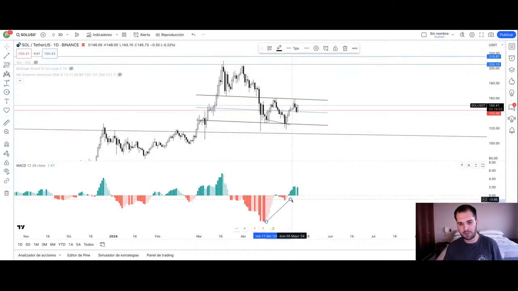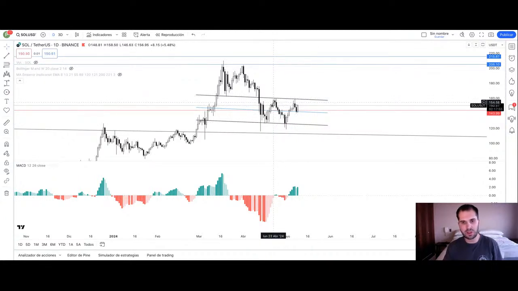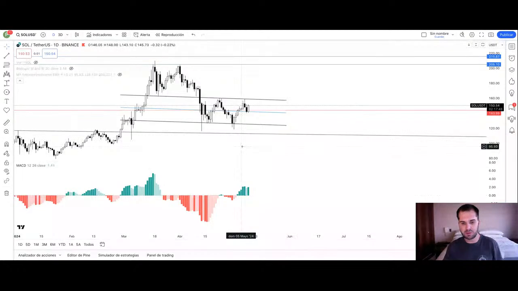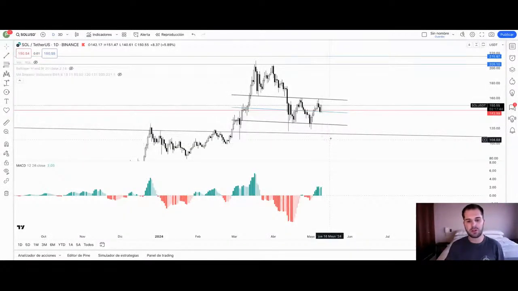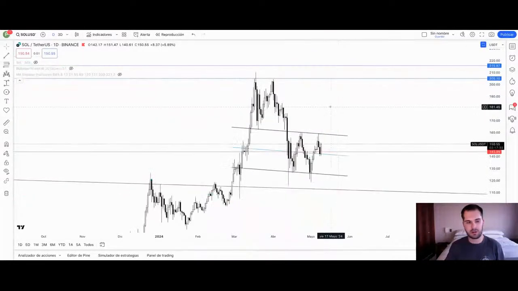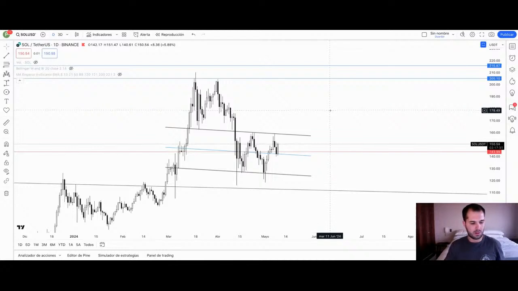And the same as with Bitcoin, we thought it had a mediocre performance, not being able to breach these highs from April 22nd, but now it's building up bullish momentum again on the MACD. So it continues to develop bullish momentum and may actually play out into higher prices and rival $205 again after we break out of this down-sloping channel. So those are my thoughts on Solana against the dollar.